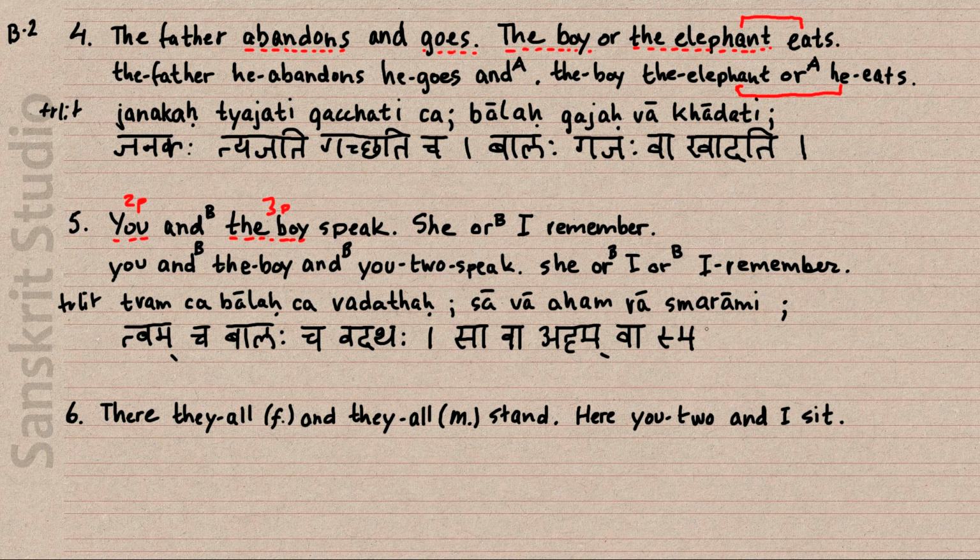And we of course could have many vas if we wanted to list or group together more objects. But in this case we're just having the she and the I. Okay, so tvam cha balaha cha vadataha sa va aham va smarami. And that looks correct.